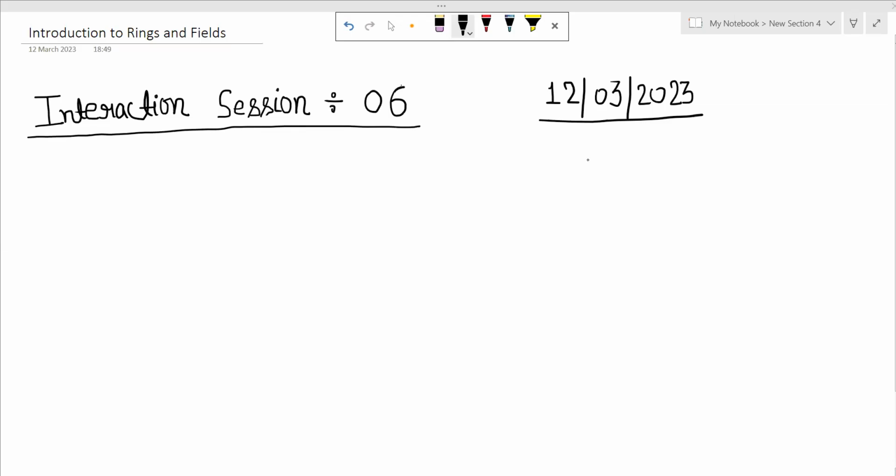Can you see my screen? Muthukumar, can you see my screen?